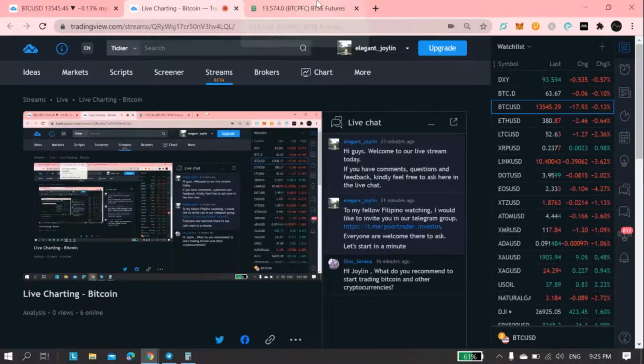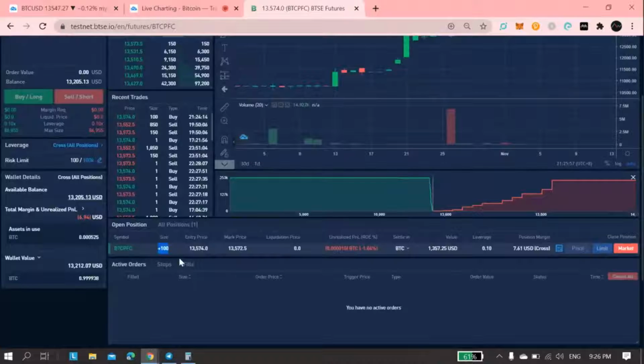Then I will add another 100 contracts. So this is actually the maximum leverage, but I'm just using 0.10 of this total amount of the 1 BTC, or equivalent to around 13,202.